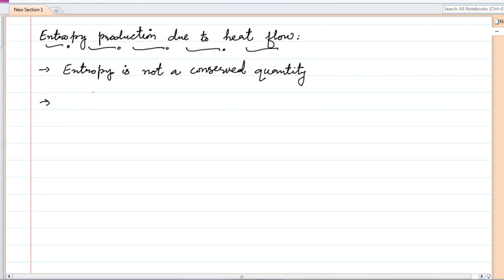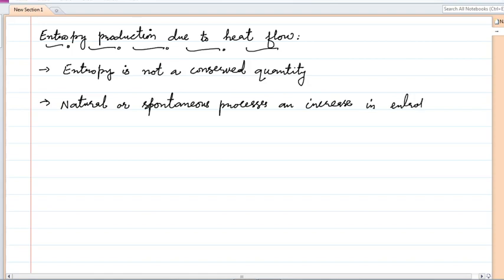One more point regarding the entropy is that for natural or spontaneous processes, an increase in entropy is observed.